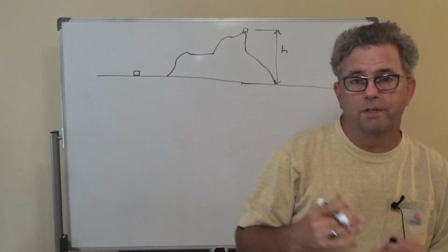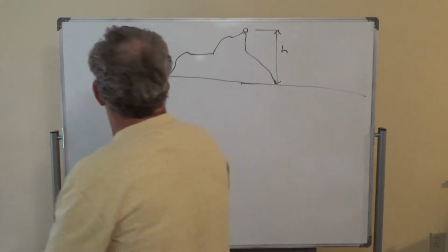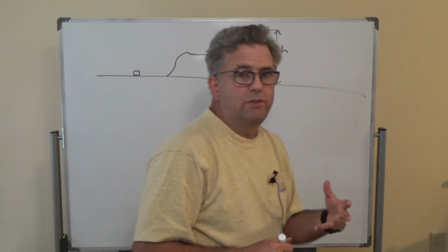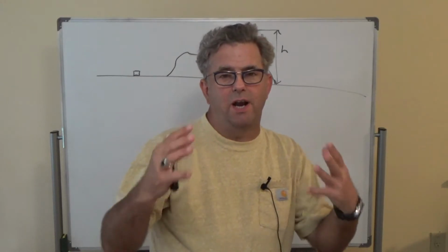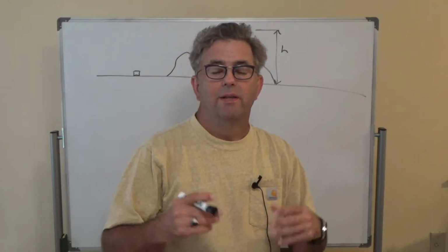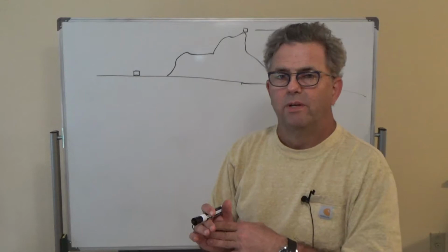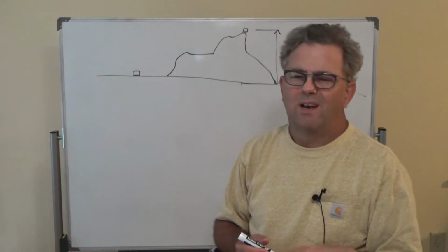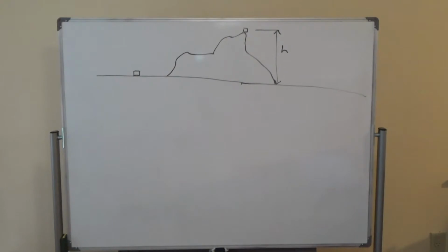If you're in a conservative system, conservative systems are ones where there are no losses. In other words, you don't have forces like friction or air resistance, where you have to work against those forces to move objects around. Lots of ways to say it.